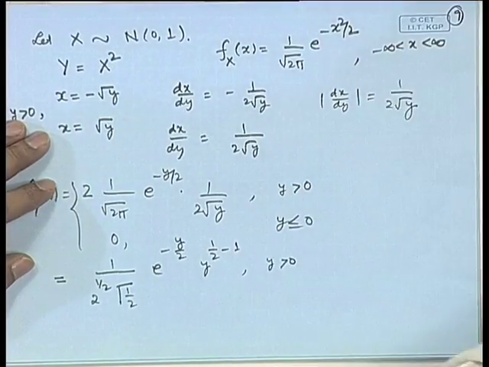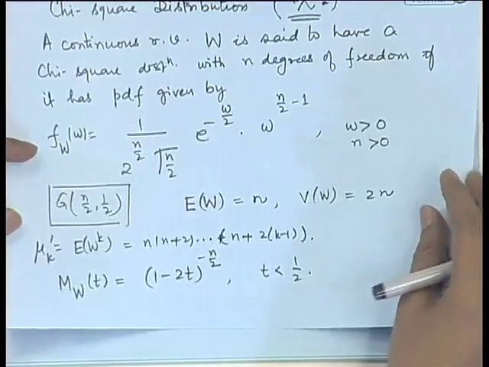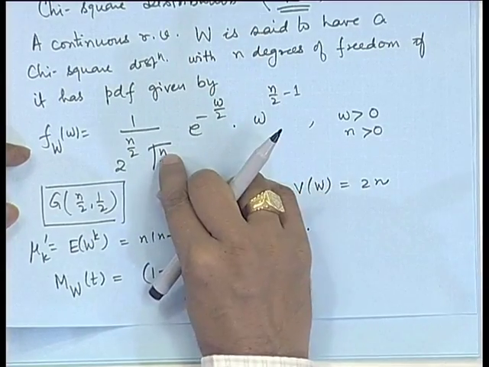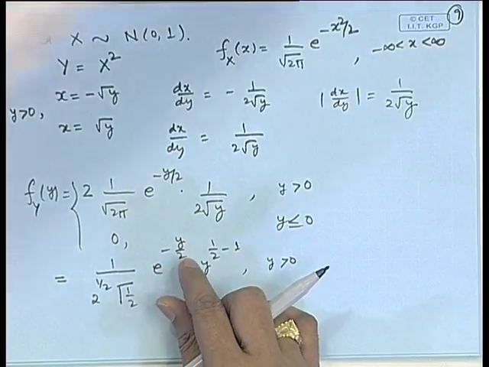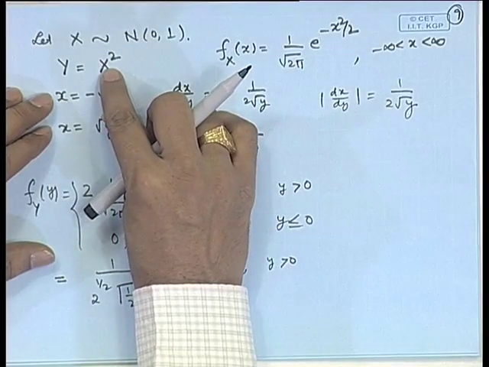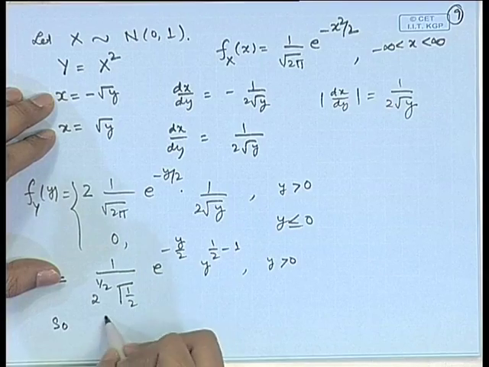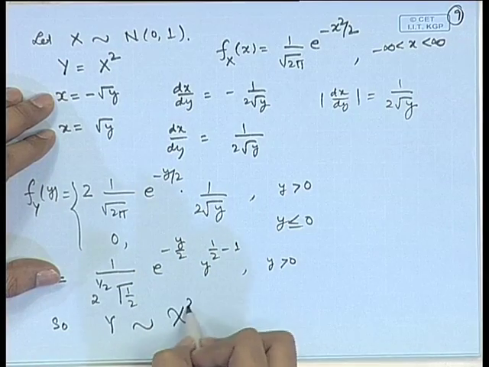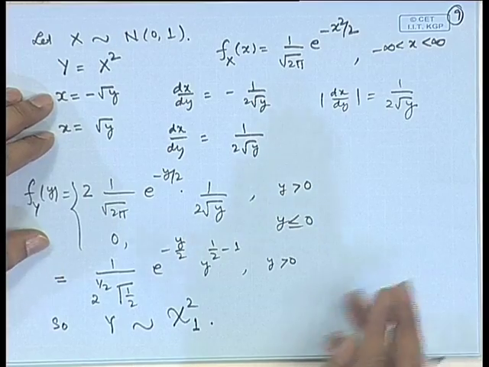So, if we look at the density of a general chi square distribution, here if we substitute n equal to 1, then we get this density function. This proves that the square of a standard normal variable is a chi square variable with 1 degree of freedom, that is, Y follows chi square on 1 degree of freedom.